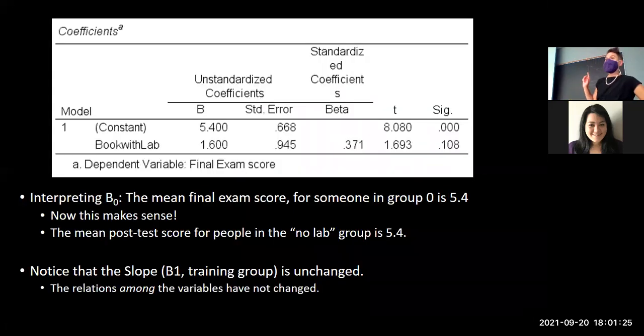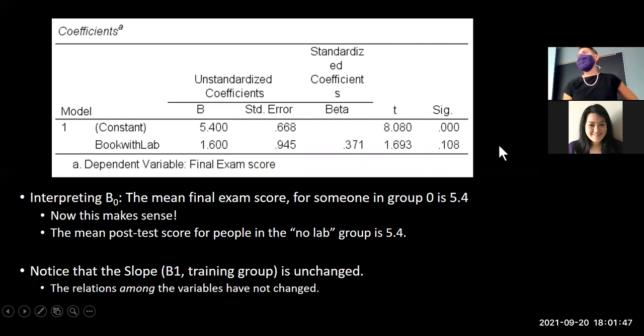But now my B0 is different. My constant here is 5.4. That's telling me the mean final exam score for someone in group 0, which I now have, is 5.4. And the difference between my two groups is 1.6 on my final exam, which is not significantly different from 0.